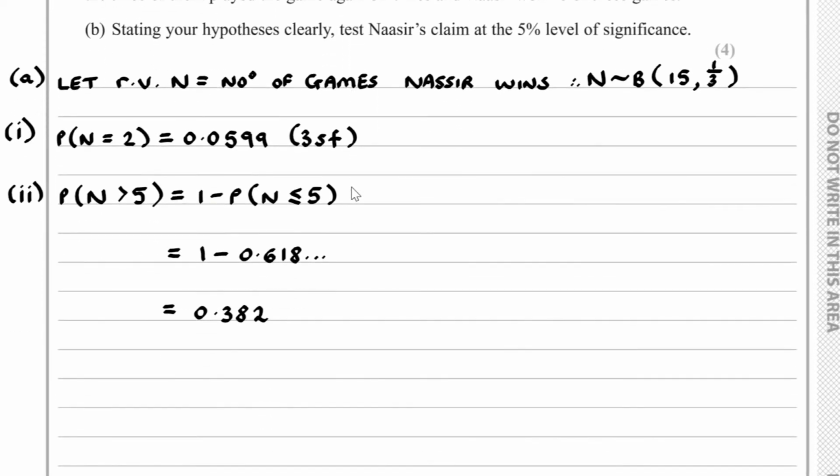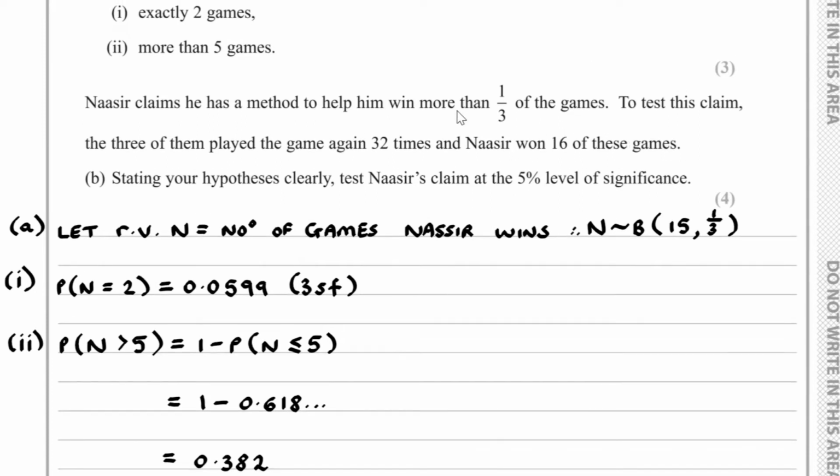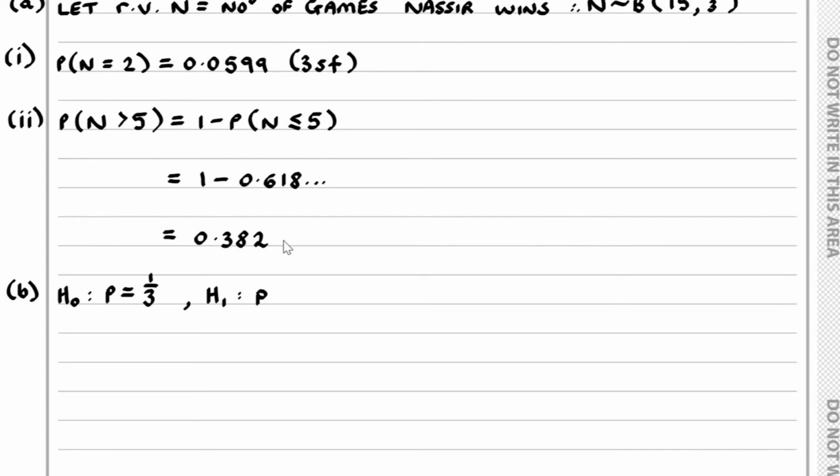Well, for part B, our null hypothesis H0, that's P equaling 1/3. And so our alternate hypothesis, because we're testing whether we win more than 1/3 of the games, that would mean P is greater than 1/3 for our alternate hypothesis.